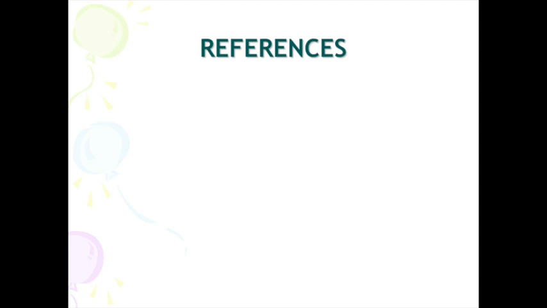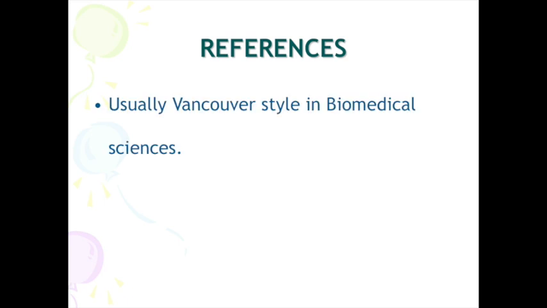One of the important sections in any research project is the references. Usually, in biomedical sciences, we use the Vancouver style. However, different journals have different referencing styles. So, you must know the referencing style of a journal in which you want to publish the paper.